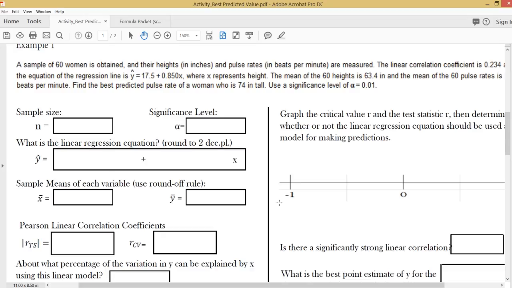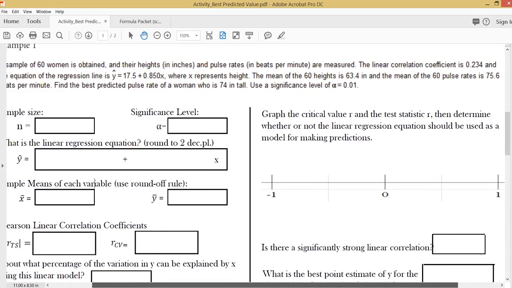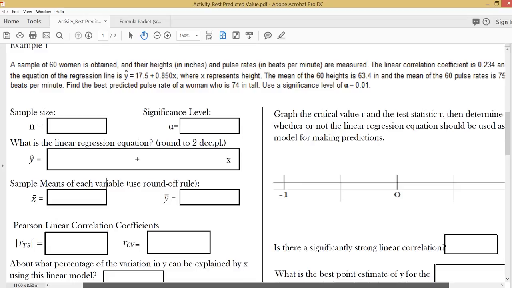The mean of the 60 heights is 63.4 inches, and the mean of the 60 pulse rates is 75.6 beats per minute. Find the best predicted pulse rate of a woman who is 74 inches tall and use a significance level of alpha.